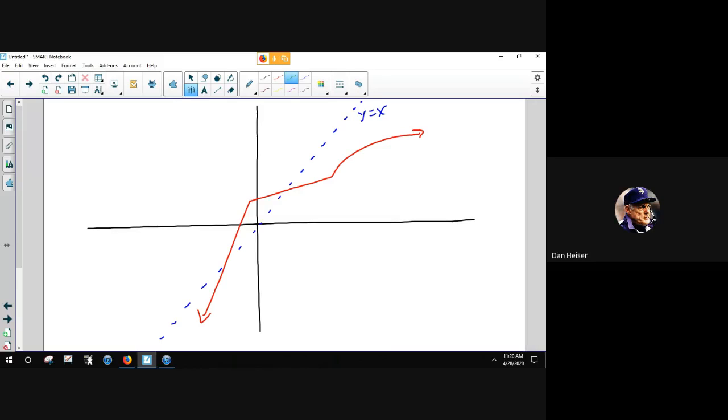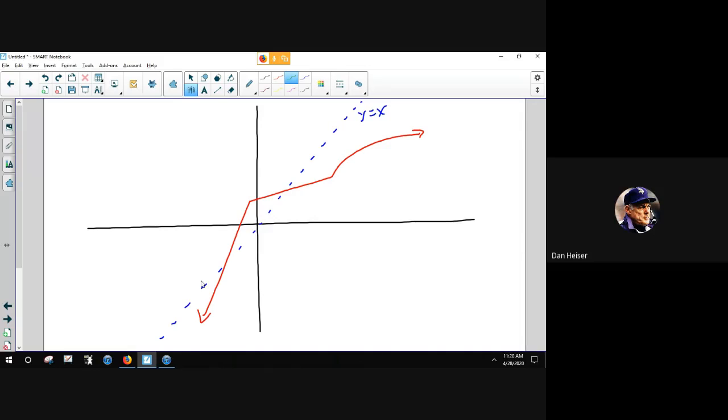It also passes the horizontal line test, so it's one-to-one. If you have the graph of a function and you put this line y equals x in, you can graph its inverse, because a function's inverse is symmetrical to this line.